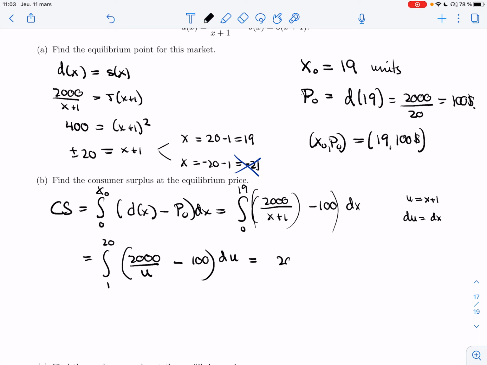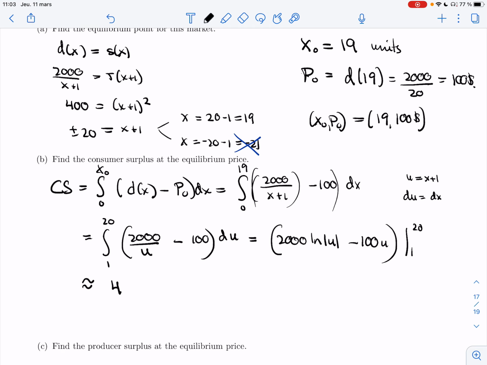And so I'm getting 2,000 log of u minus 100u, and I'm going to plug in 1 and 20. All right, so I computed it. I'm going to round it because these are real life objects. In fact, I expect you to round it to the nearest cent.